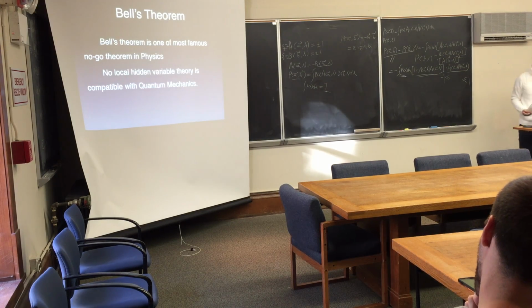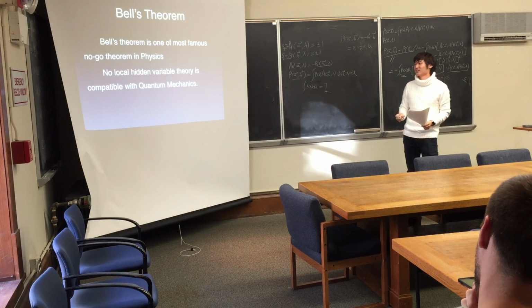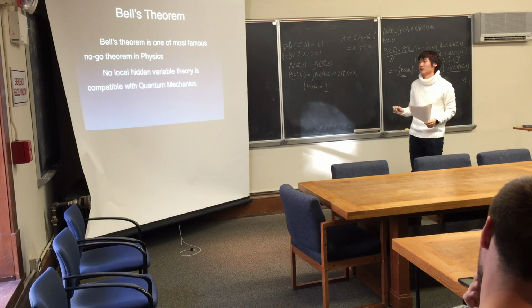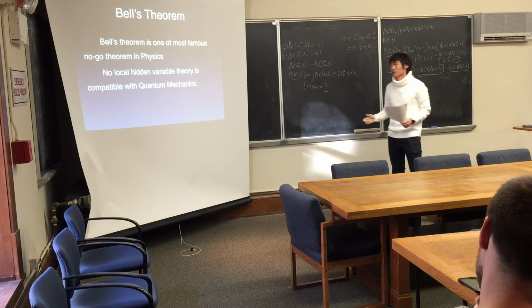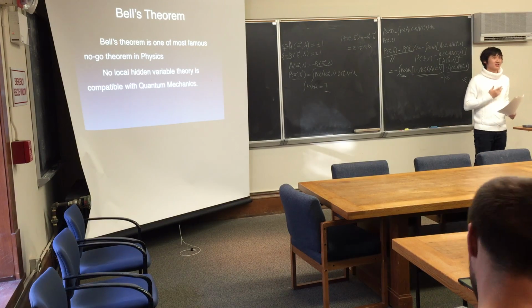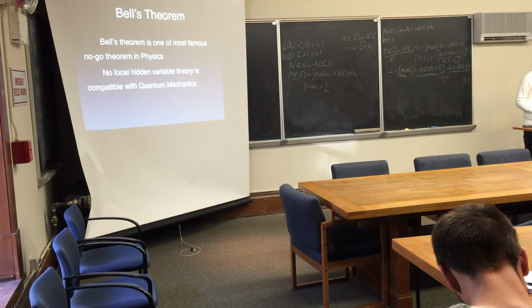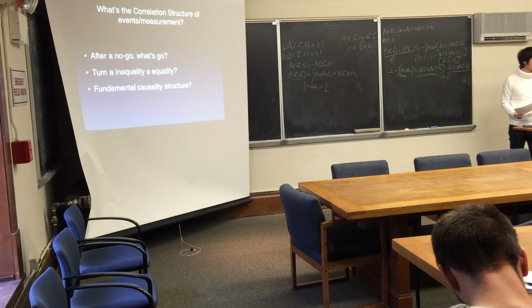No. So Bell's theorem is the no-go theorem, and no local hidden variable theory is compatible with quantum mechanics, which really motivates the work I want to talk about today. And the motivation is here.